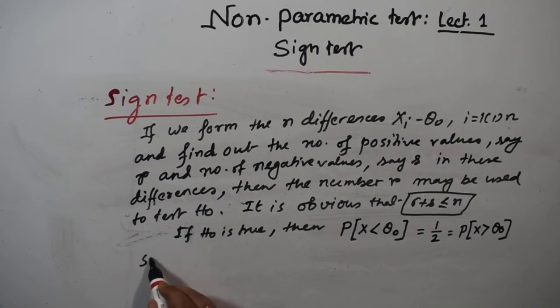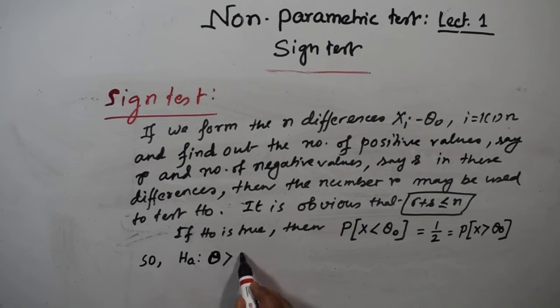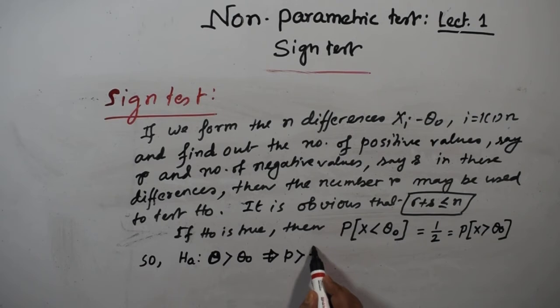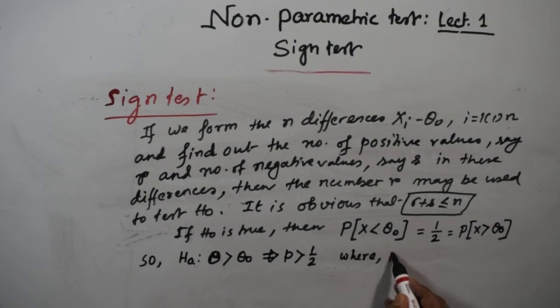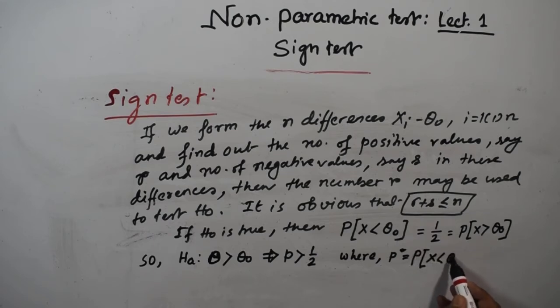So if your alternative, that is a right tail test, if this alternative HA is theta greater than theta naught, this is simply P greater than half, where P is the probability that X greater than theta naught.